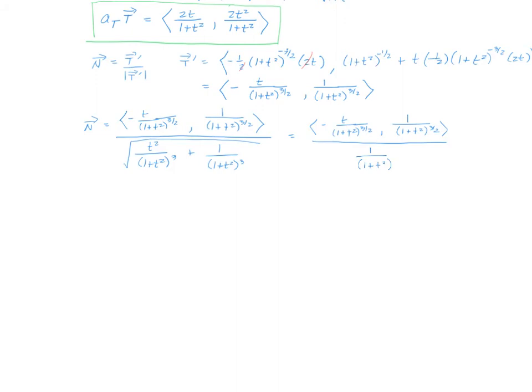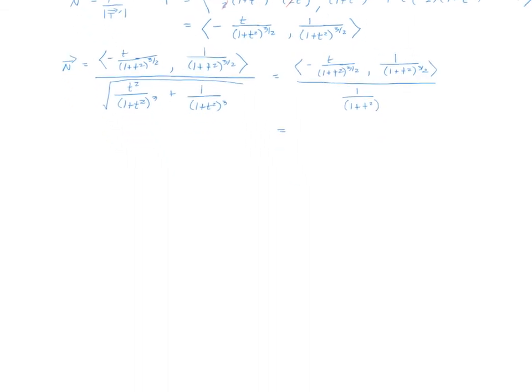Let's see. So if I were to multiply my vector by the reciprocal of our denominator, I get this vector: negative t over the square root of 1 plus t squared.